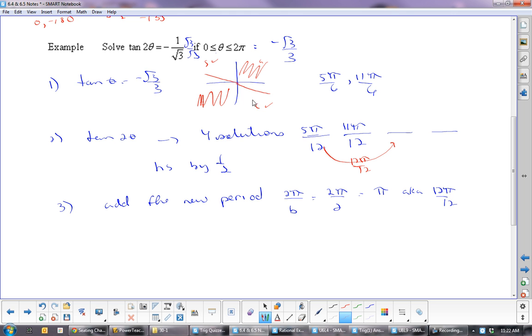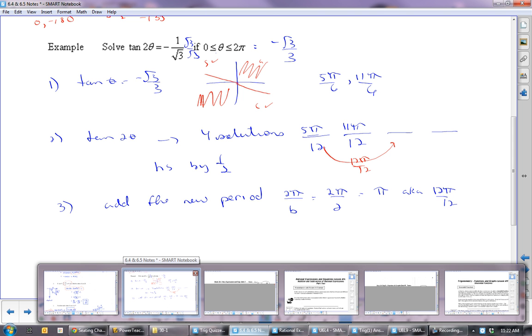But if I don't see that these two solutions are pi away from each other, I'll still pull it off. But if you say, well, it's tan, so I just need to find 1, and then I'm just going to add pi over 2 to every one of them, that's 6 pi over 12. And do you see how these are all going to be 6 pi over 12 apart? I hope that's not messing with you.